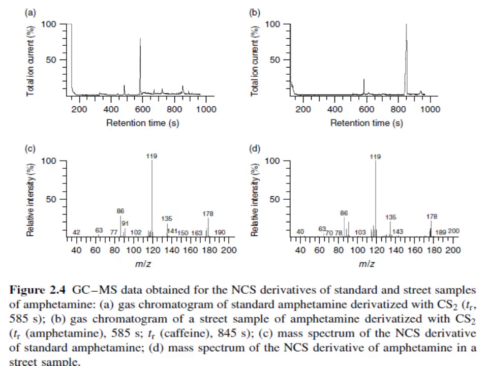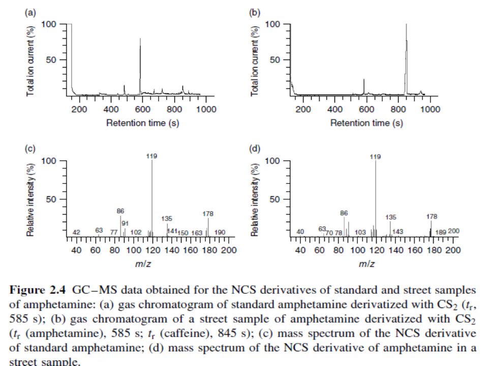This is the typical data which is obtained for the analysis of amphetamine from street samples. The first two spectra, A and B, are the gas chromatogram spectra, and C and D are the mass analysis spectra. In A, the spectrum is of the standard amphetamine, and B is the sample which is obtained from the streets.